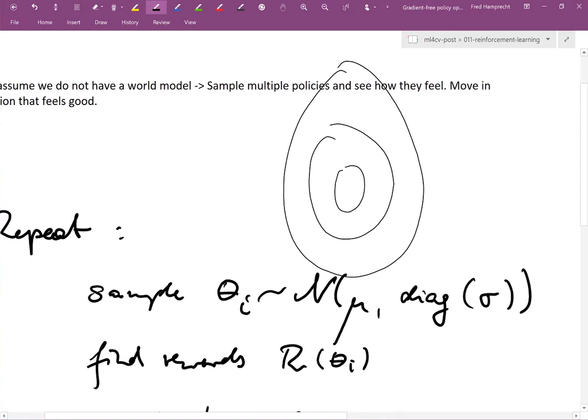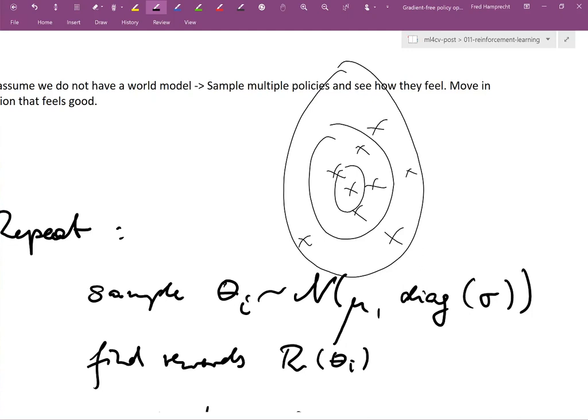Now, under this normal distribution, we sample a couple of policies. We're just sampling a few parameters here. And then we try out all of these policies. Yeah? So let's say each policy determines how a robot tries to move.